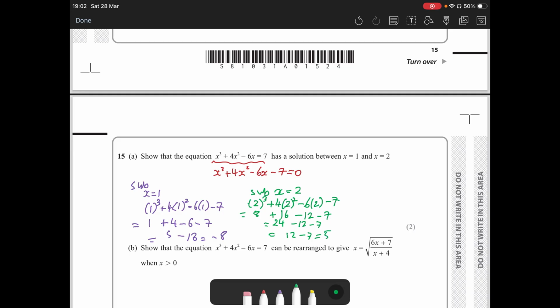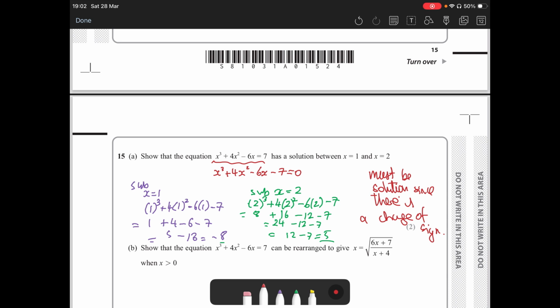So you can then deduce there must be a solution since there is a change of sign. Yeah, that's how we do it.